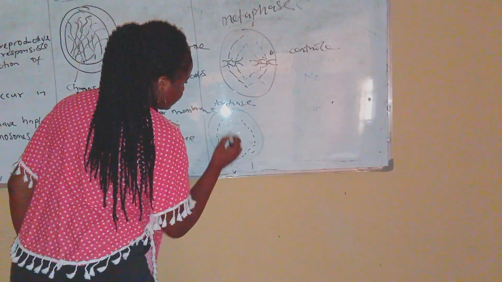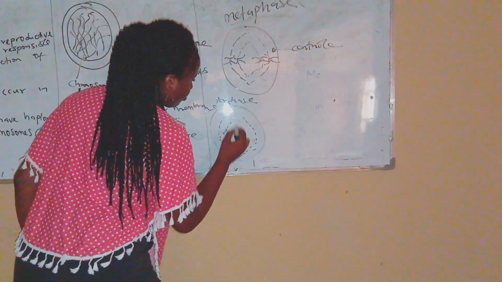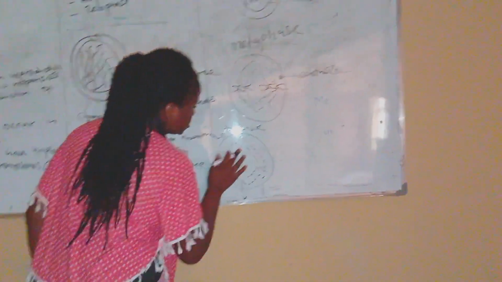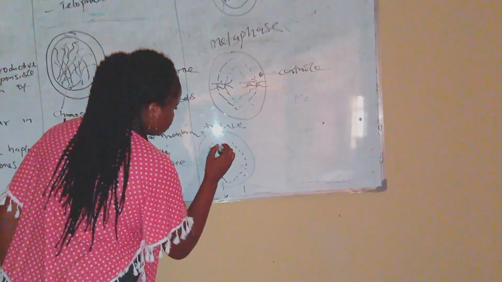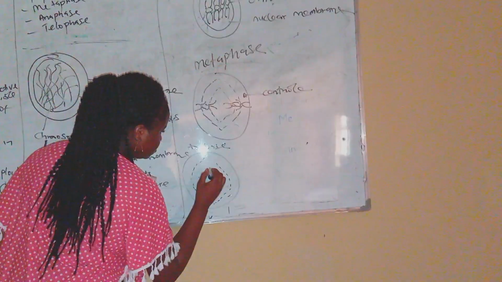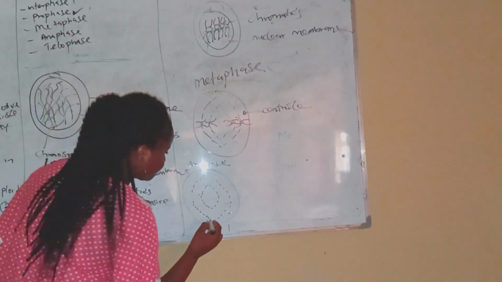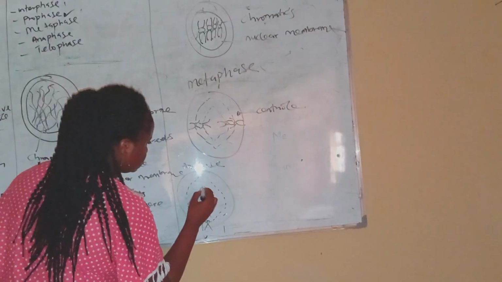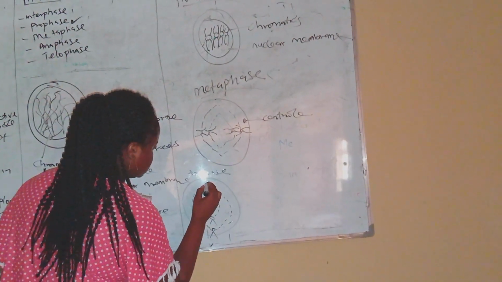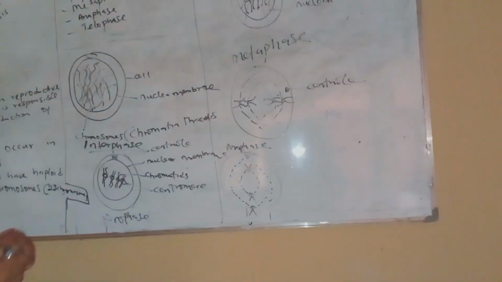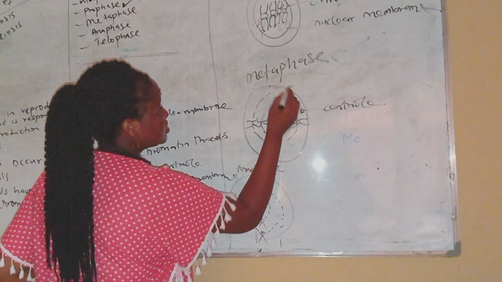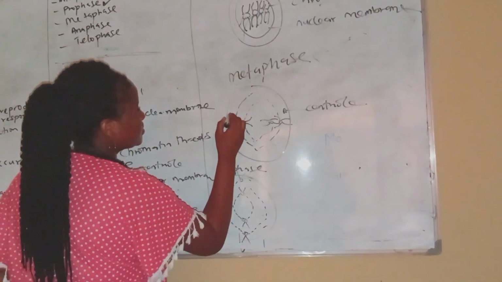This is what you see in anaphase. Let me make it. This is what you see. You could see our centrum is here. Remember, our centrum is at each side.